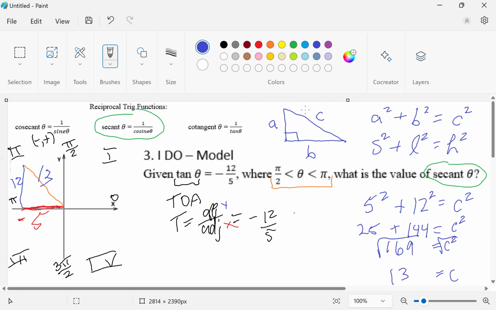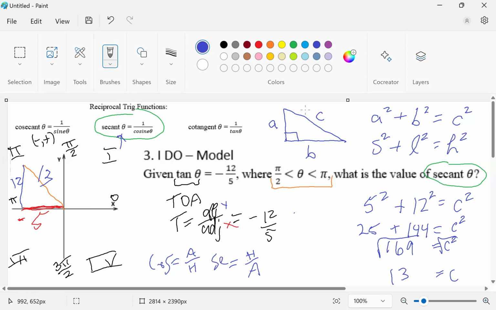So cosine equals opposite over, sorry, that's a mistake, sorry. Cosine is adjacent over hypotenuse. So then secant equals hypotenuse over adjacent, because the reciprocal will mean we can just flip the fraction.